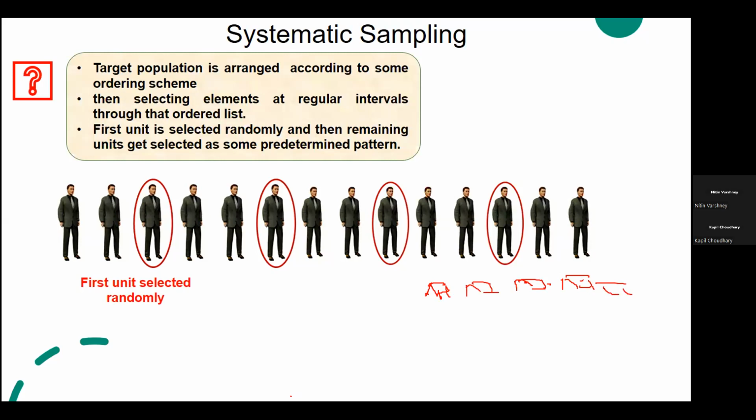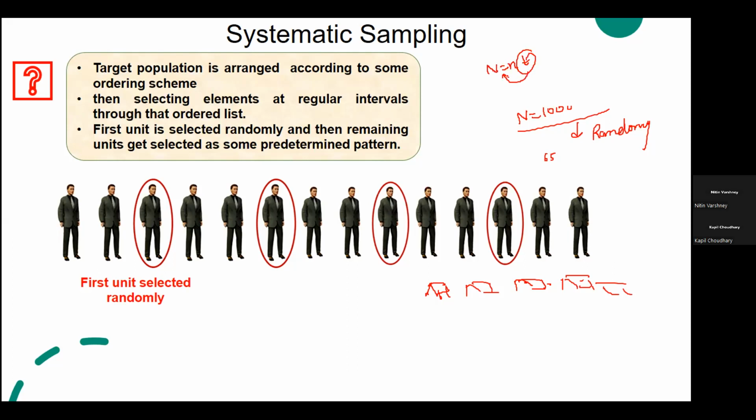So what we will do here, we will first select a random unit. Suppose we have N is 1000, and we will select one unit from this randomly. Suppose unit 65 is selected, or likewise any unit is selected. Then we will take an integer value.